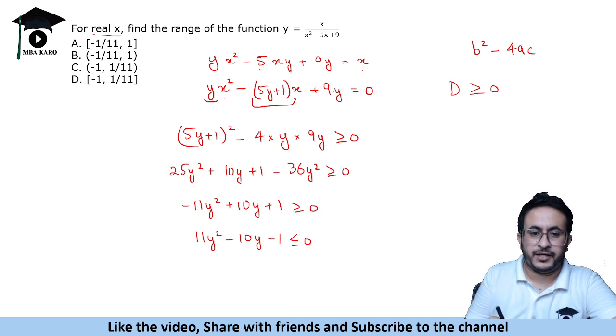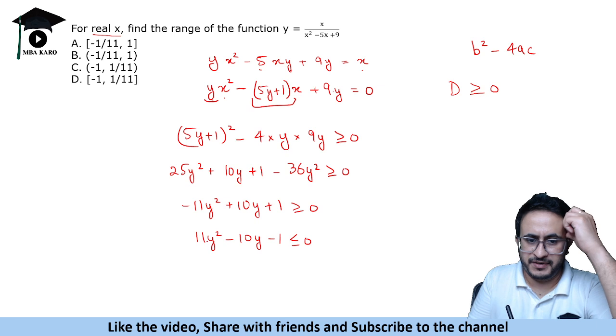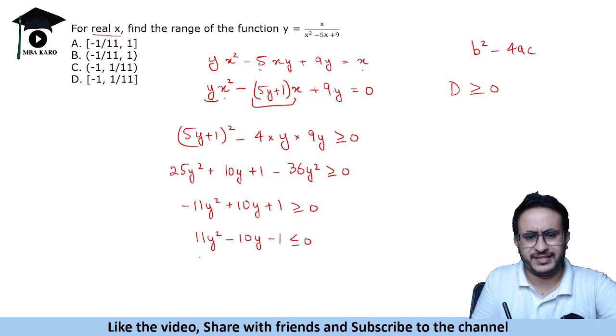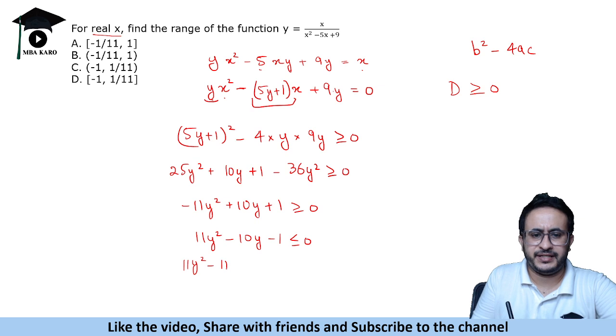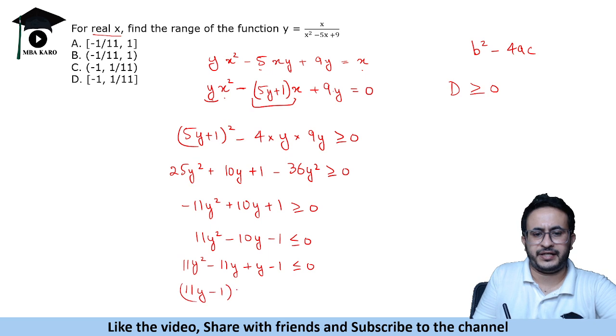Now if we simplify, 11y² − 11y + y − 1 ≤ 0, or we will get 11y(y − 1) + 1(y − 1), so basically we get (11y + 1)(y − 1) ≤ 0.